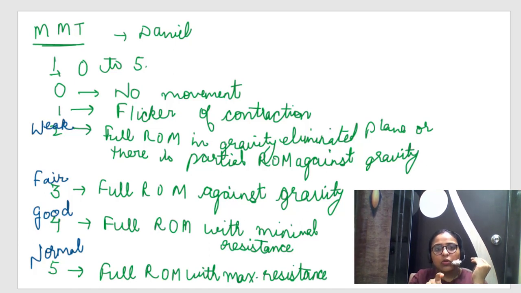But there is also one more test, it is called the break test. You ask the patient to perform the full range of motion and then you try to break that movement, means you provide the resistance in the opposite direction, you try to open the arm or extend the elbow, right. You ask the patient that he or she will not let you do that, right.